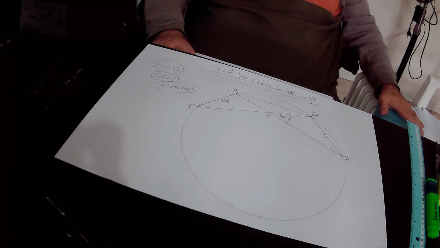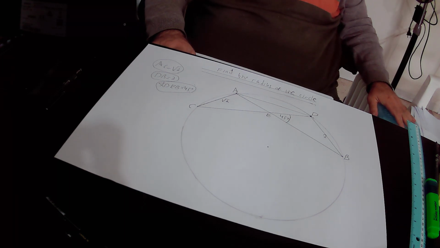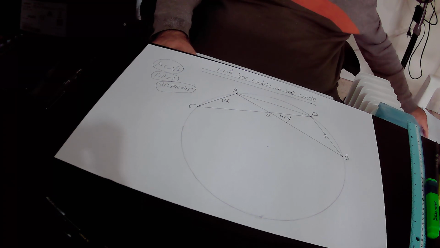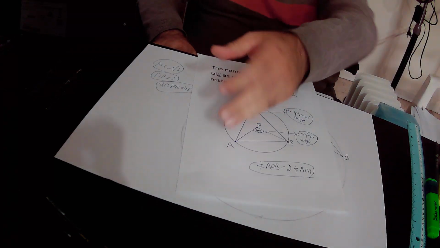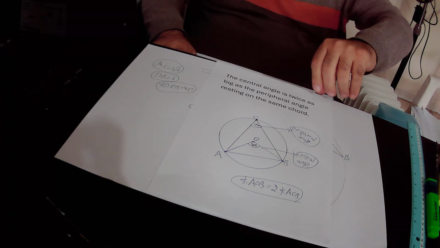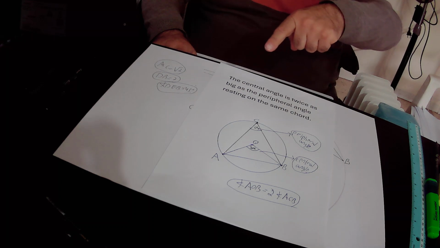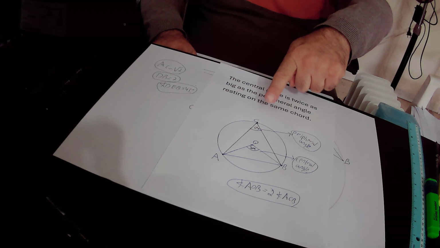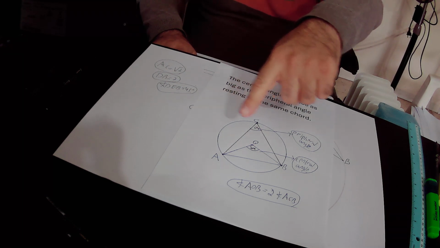So we'll use two rules in order to solve this question. The first rule is that the central angle is twice as big as the peripheral angle resting on the same chord. Then we have the peripheral angle AOB equals alpha, and it rests on chord AB.